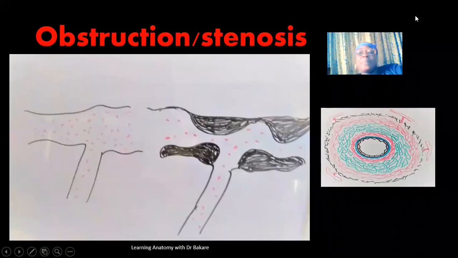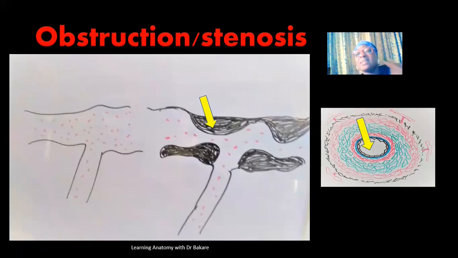So the next application that we want to use the histological presentation of the vessel to establish is obstruction or stenosis. This is the blockage of the lumen of the vessel. So if you look at this image here, arrowed in yellow, this is a deposit seen within the internal wall of the blood vessel. And remember when we tried to establish the histological presentation, we said that this central portion is the lumen, and it is through this channel that blood passes to supply different organs in the body.